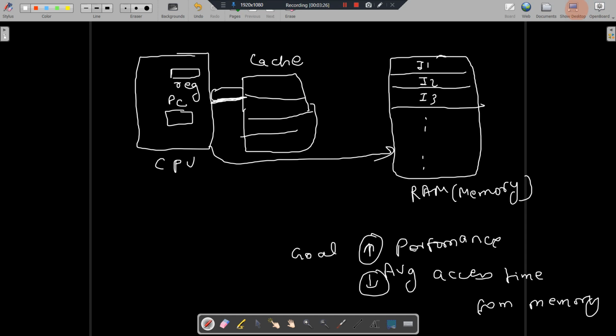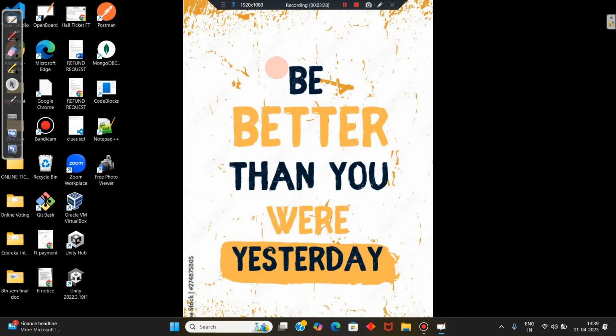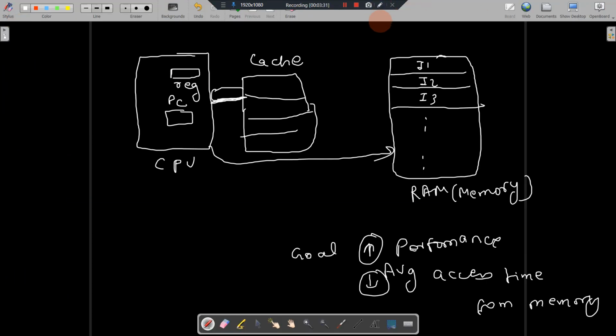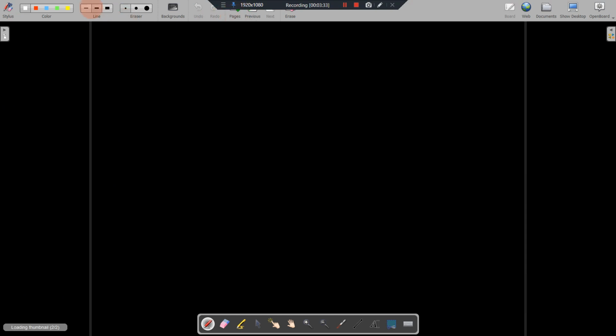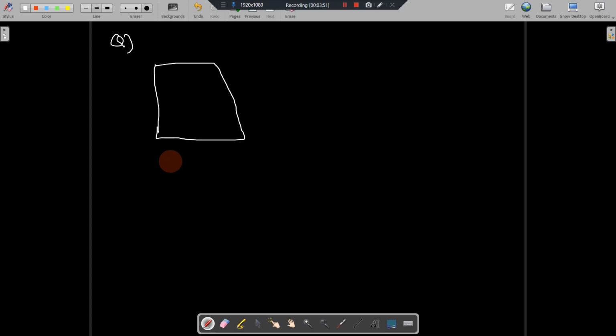Okay, let us go to the next page. The question is how the processor, which generates RAM memory addresses, will use the cache.